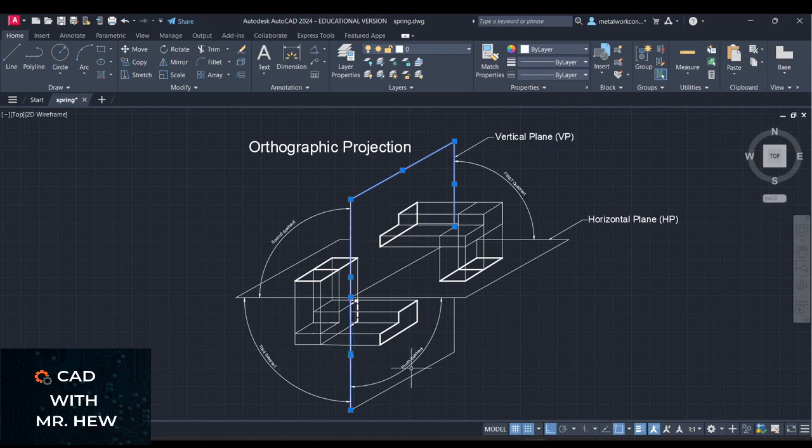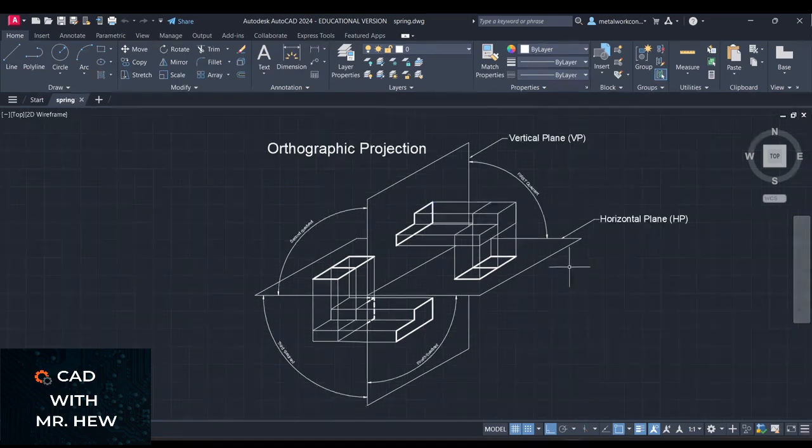That is a vertical plane, right? Then the horizontal plane will be this plane. Okay, so what we're saying is we have this object, this one.